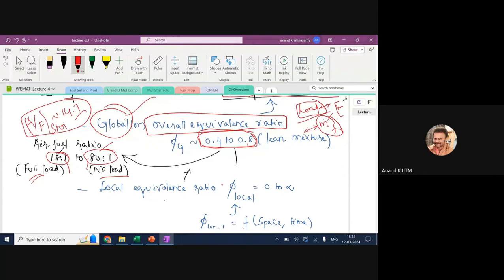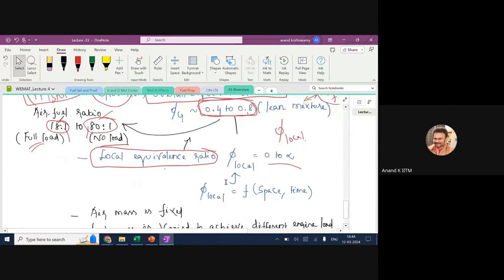There is another ratio, you call it a local equivalence ratio. This local equivalence ratio can vary anywhere between 0 to infinite. What is 0 and what is infinite?